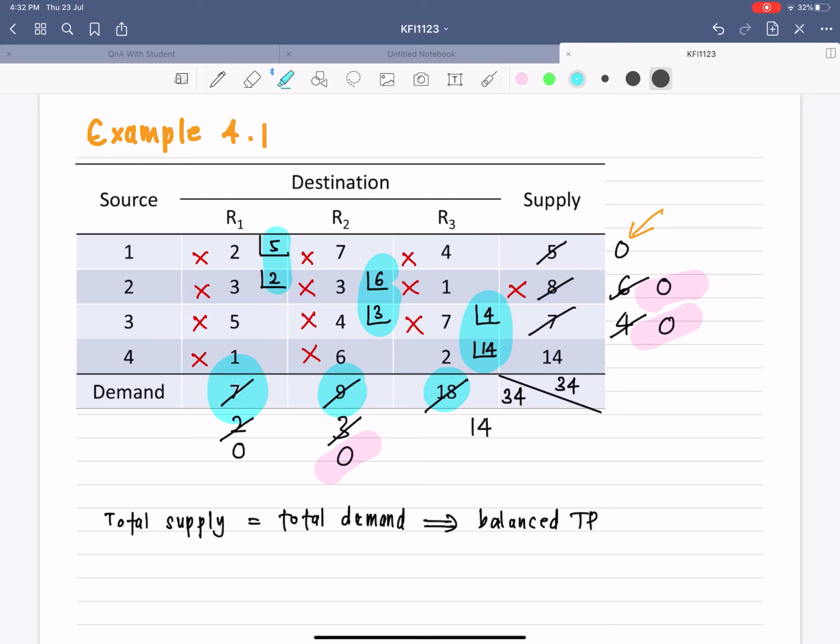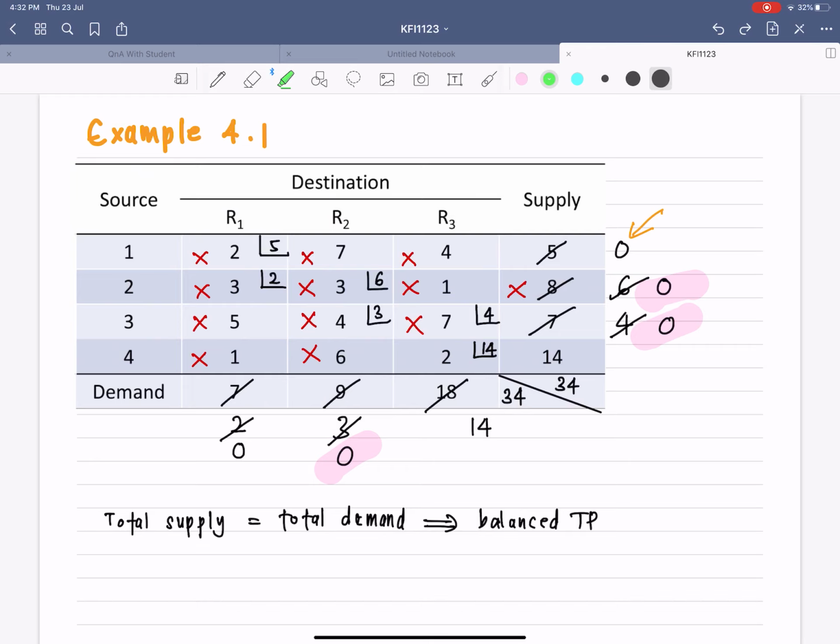And if you look at the rows, you will have 5 here equals to 5. 2 plus 6 is 8. 3 plus 4 is 7. And then 14 is 14. I will erase everything so that you won't get confused.